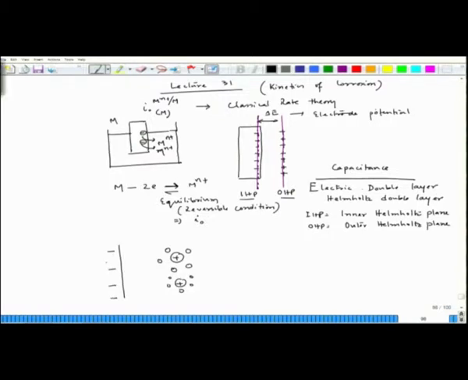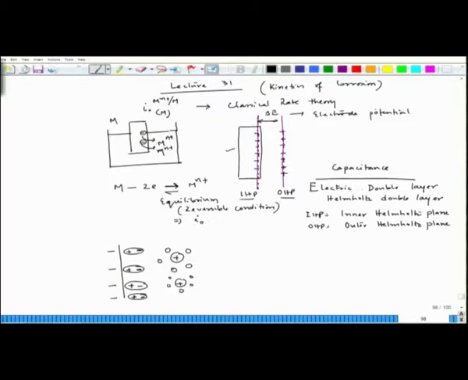If it is negative charge, as in the case we have considered here, the water molecule will be distributed like this, sorry, this is plus and this side would be negative. So, this rearrangement of water molecules takes place.